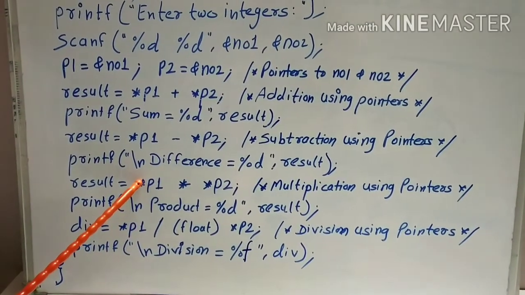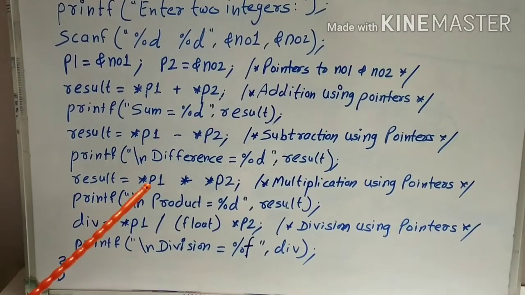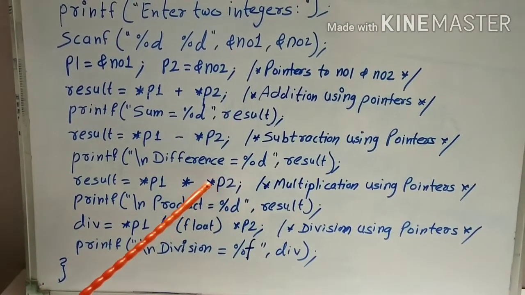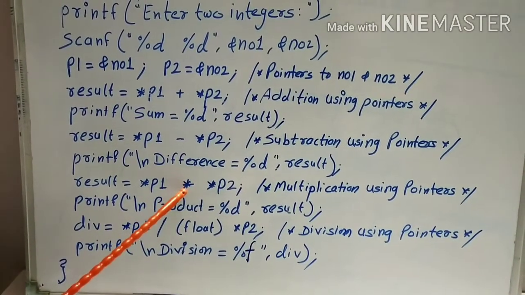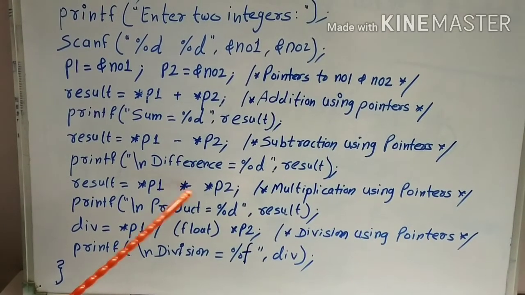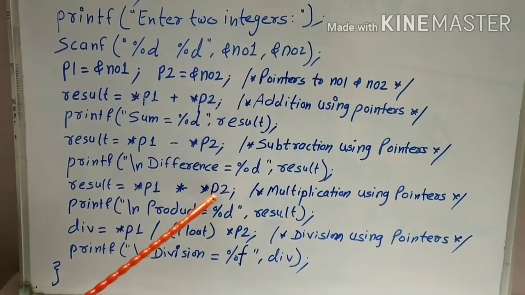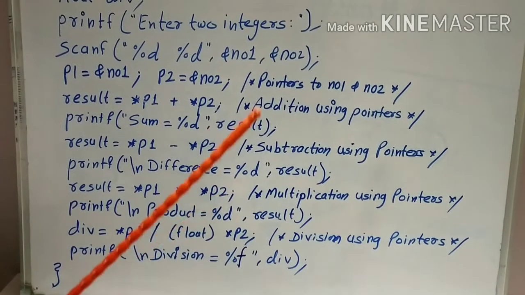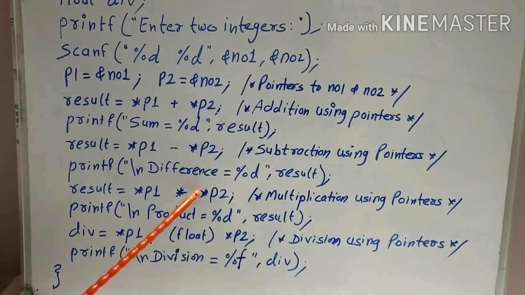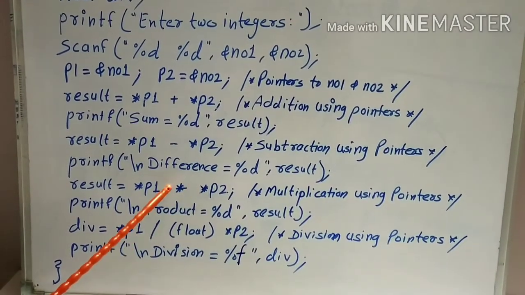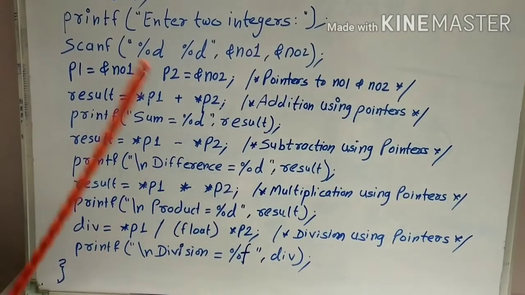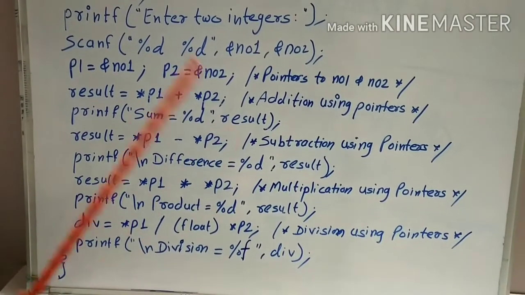The first star is used to represent the pointer variable P1. The second star is representing the multiplication operation and the third star is representing the pointer P2. So we should take care to separate these with proper spaces in between, and display the result.